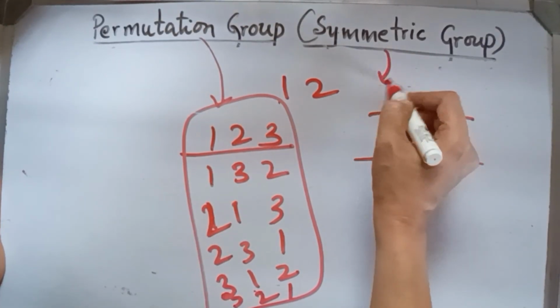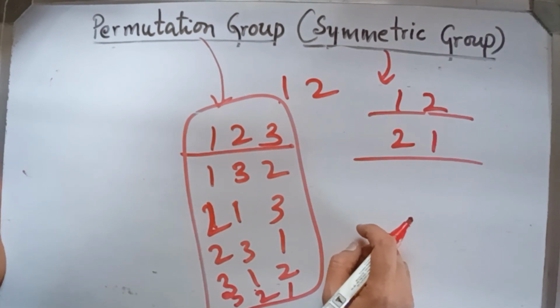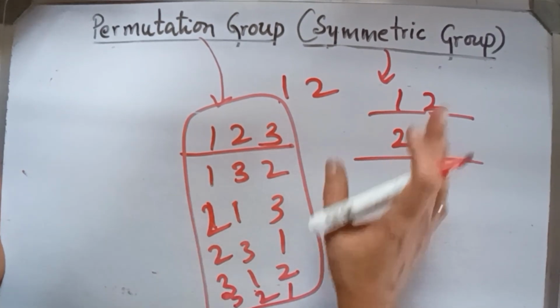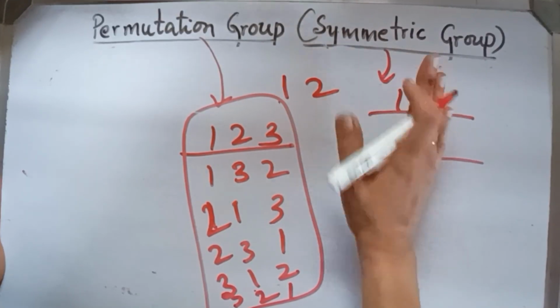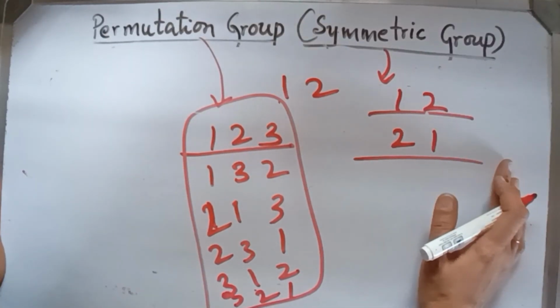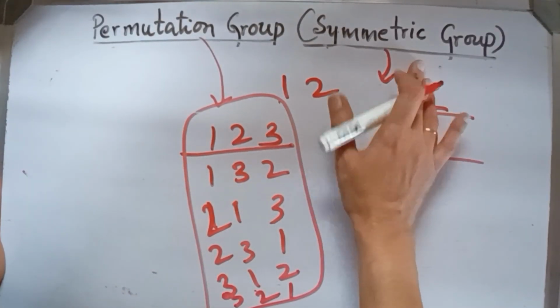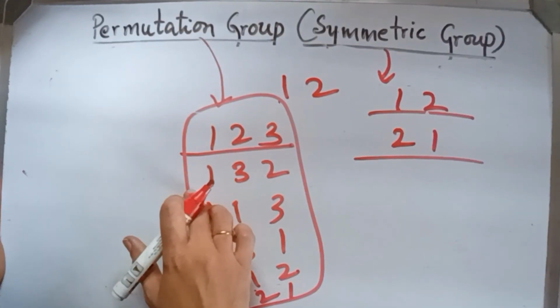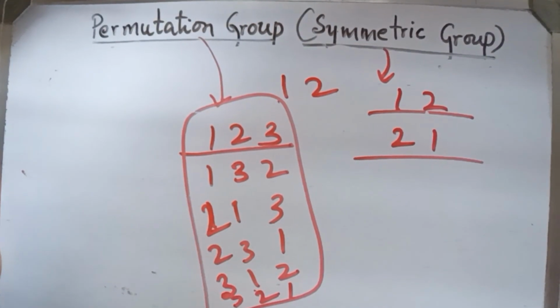And the name symmetric group means there is a symmetry, because of even permutations and odd permutations. When I explain even and odd permutations, there you will get to know why it is a symmetric group. It has exactly half even permutations and half odd permutations. There is a symmetry under permutation. So that's why it is called a symmetric group, and permutation group is giving you permutations on n symbols.